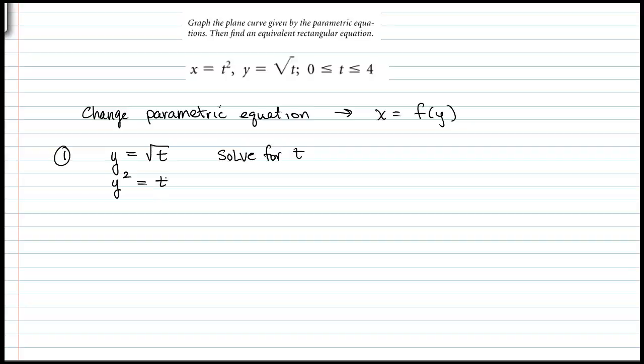So t is equal to y squared. Next, we need to rewrite x is equal to t squared in terms of y. We have x is equal to t squared. We know that t is equal to y squared. So the function that we're looking for is x is equal to y to the fourth.